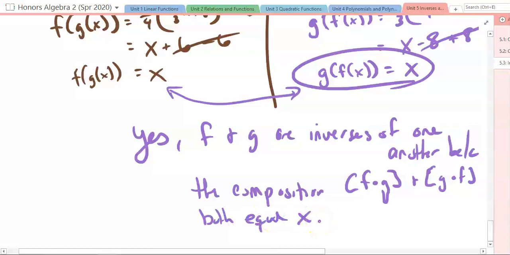And again, it's a really simple explanation because, if they're inverses, they've got to both come out to x when we do those compositions. And the answer would be no if either one or both don't equal to x. And again, normally what you're going to see is that you get the f of g not equaling x, and then you're done.